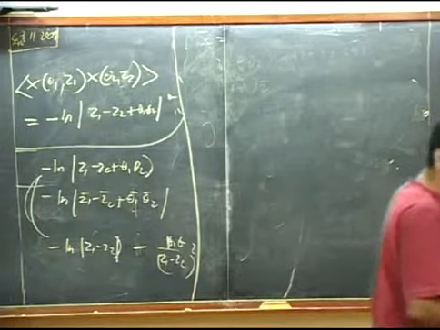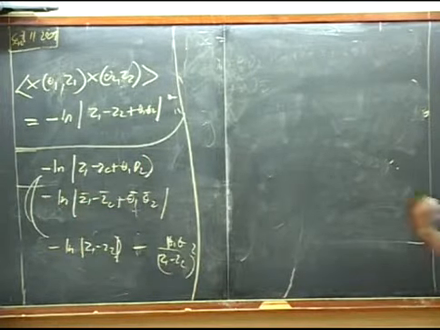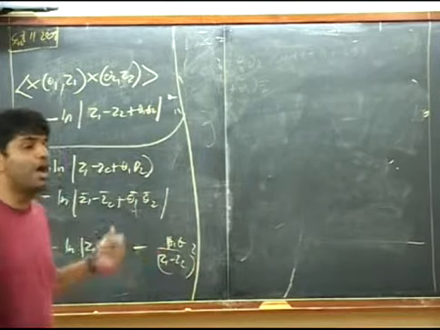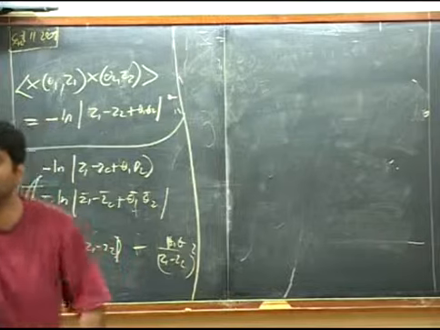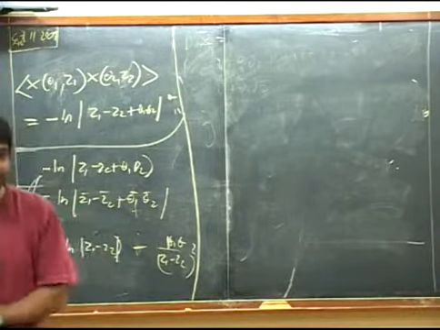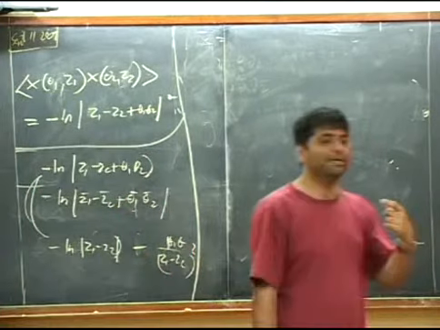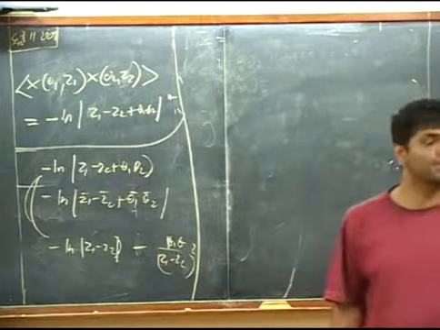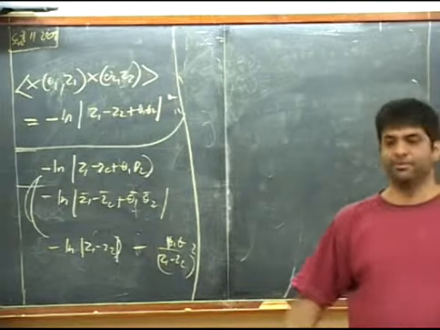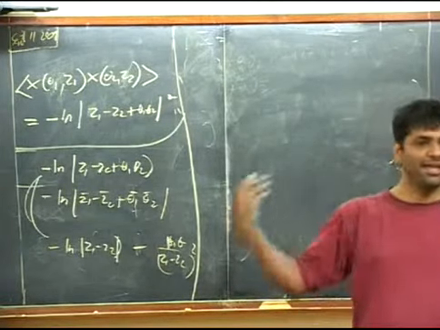Now, you can deduce the functional dependence of correlation functions, in particular these 2-point functions, on coordinates and supercoordinates by similar considerations. The thing that told us that something has to be a function only of z1 minus z2 was translational invariance. You move z1 by a, you move z2 by a, nothing should change.